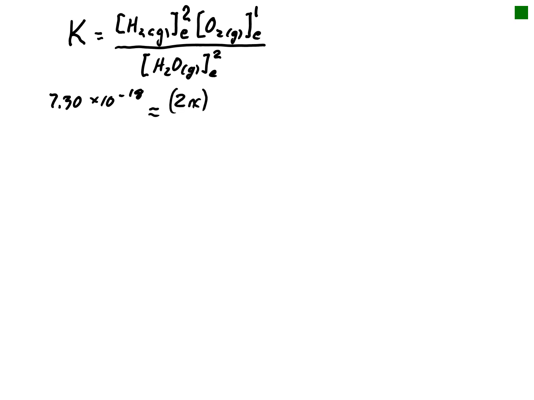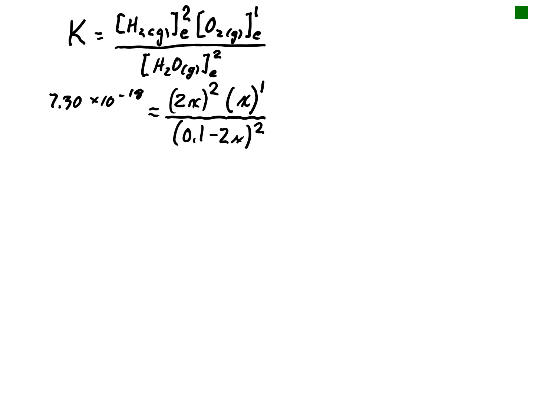That's in brackets because we have to put the squared. That squared comes from up top here. And then we have to put the concentration of O2, which is just x, and it's first order. We divide by the concentration of the water vapor, which is going to be 0.1 minus 2x. And that quantity is squared as well.